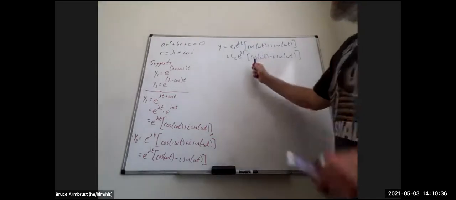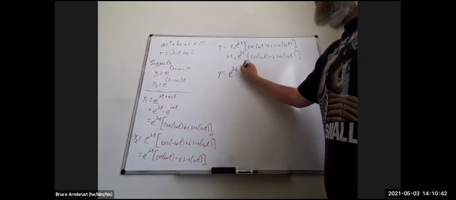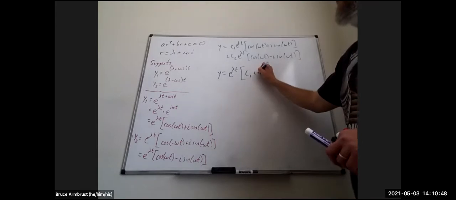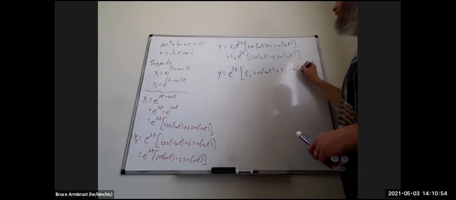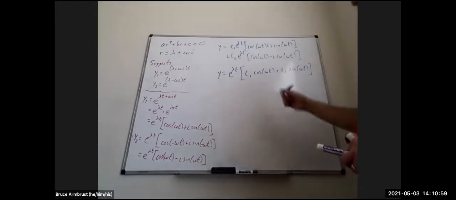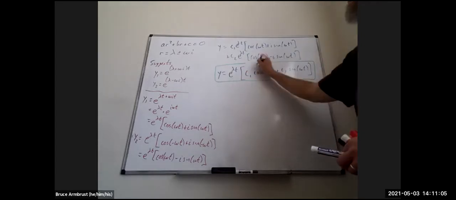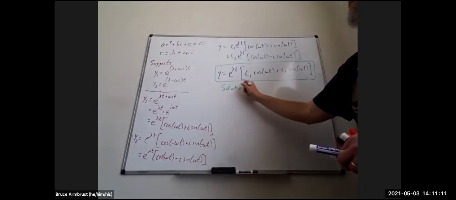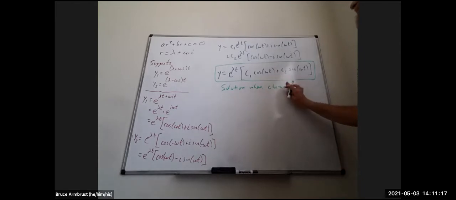So we're going to go ahead and distribute all that stuff through, and this is what y is going to look like. We're going to have e to the lambda t, and then I'm going to change the c's so that we just write them as c1 times cosine of omega t plus c2 sine of omega t. We're going to put a box around this, because this is what our solution is going to be when the characteristic polynomial gives us complex roots.